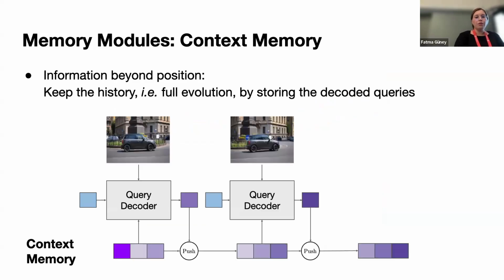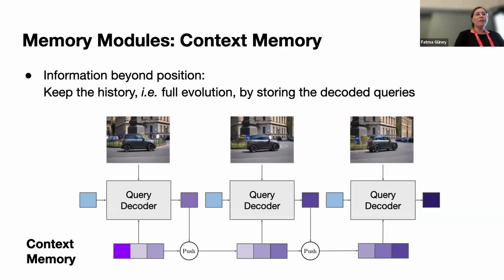So we call this one the context memory, and it provides a broader view of the track's history, with appearance changes and occlusion status through time, like it was visible, not visible for some time, by storing the point embeddings from past frames. We simply store the decoded queries and use them to decode the next frame, like previous decoded queries are used to decode the next frame.